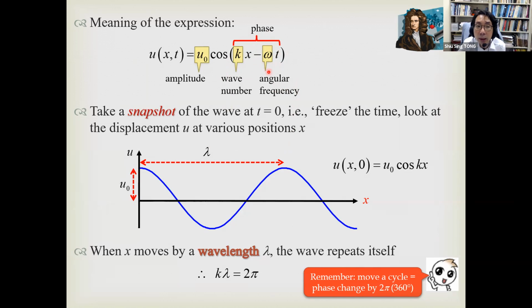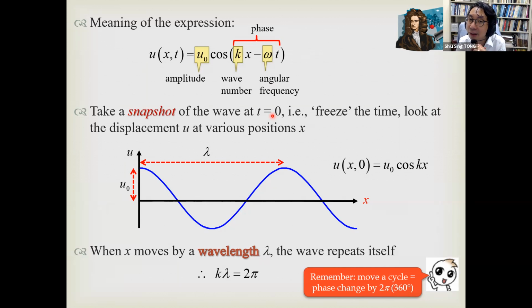Now let's take a snapshot of the wave at t equal to 0. Assume that t is equal to 0, so we don't have this term. Why do we call it a snapshot? Because when we set t equal to 0, we are looking at the wave at a particular time, the starting time. So effectively, we take a snapshot of the shape of the wave at the beginning of time.